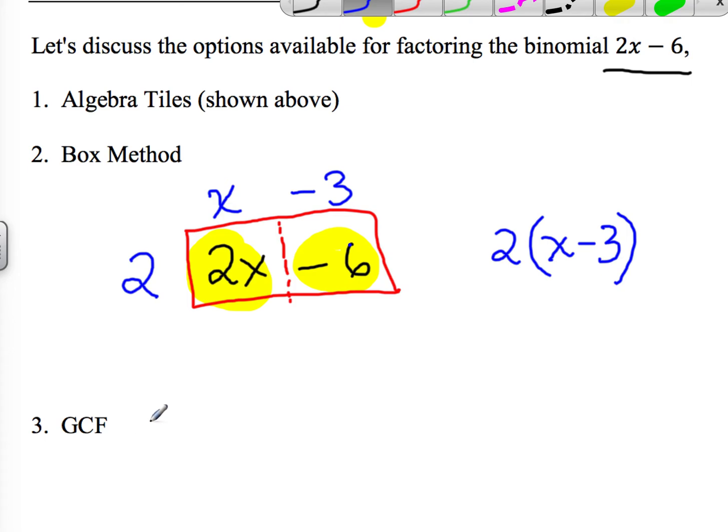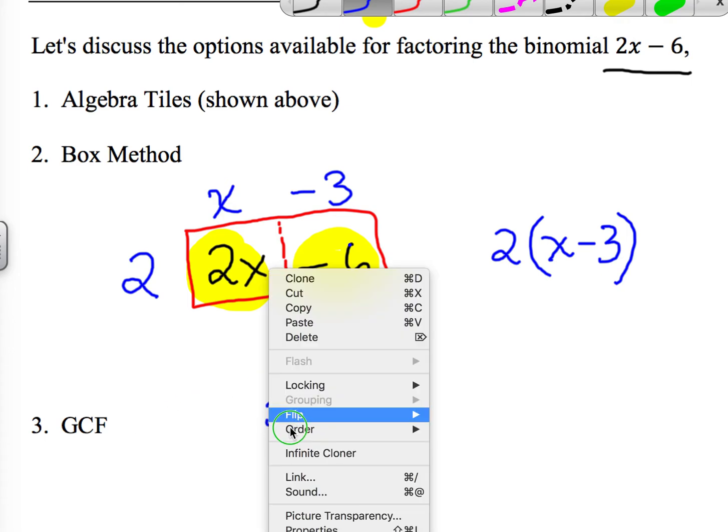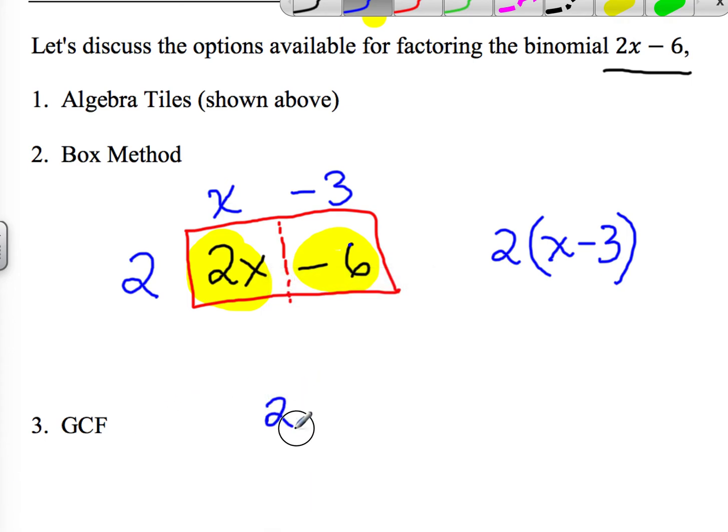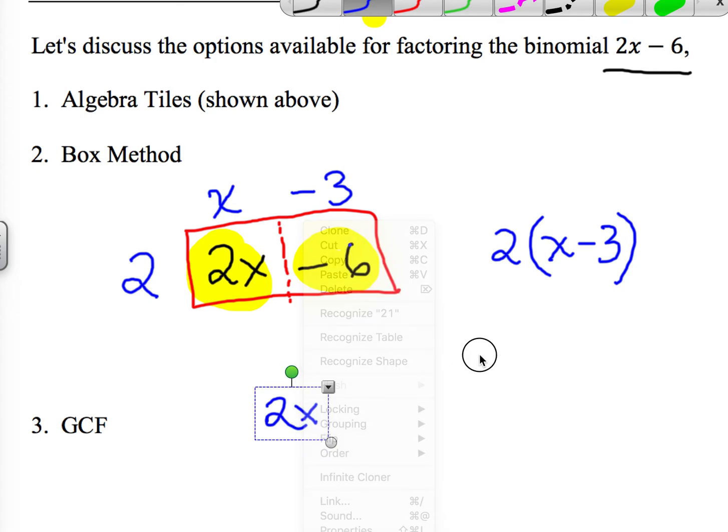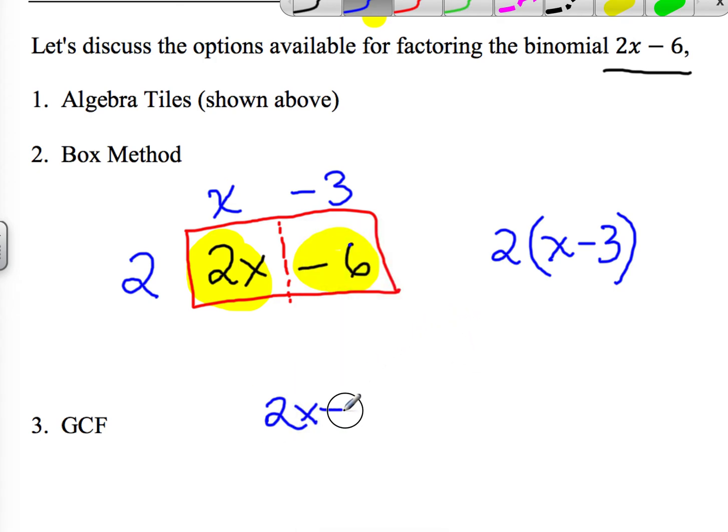Another way to do this is finding the greatest common factor. If I look at 2x minus 6, oh, I keep pushing a button, sorry guys. We can practice what we did earlier and find the greatest common factor of these two terms separately. The greatest common factor of 2x and negative 6, just like we did here, is 2.